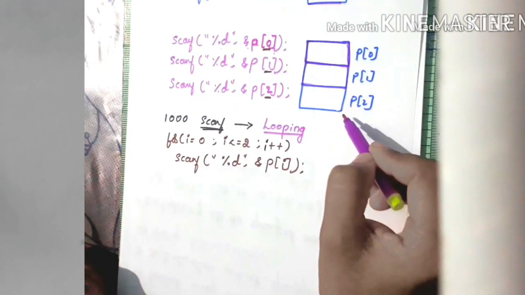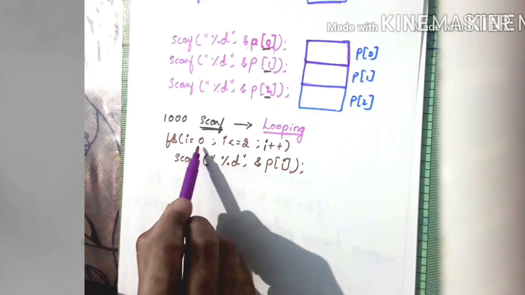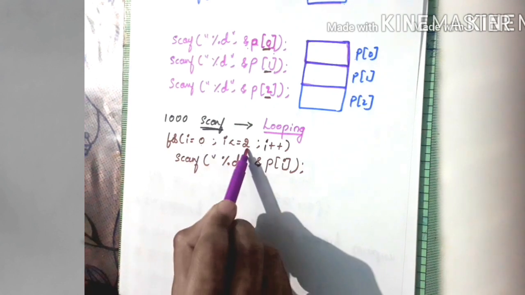In this example, the size of the array is 3, meaning we can store 3 elements. That's why the variable i is ranging from 0 to 2.